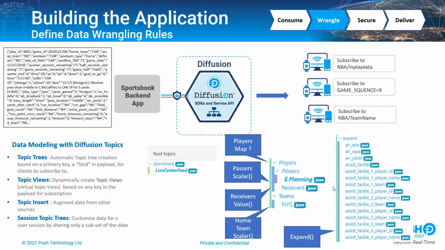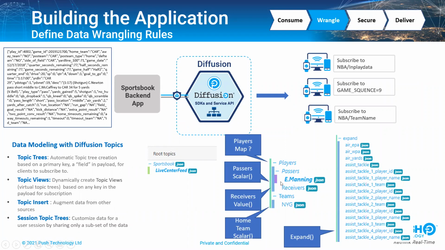right, in specific passers. And so we have a rule that then says, okay, I want to break out all the passers into their individual topics where I can have a consumer, a customer, that says, I'm only interested in market lines associated with these quarterbacks or these receivers or these types of even plays that have occurred.